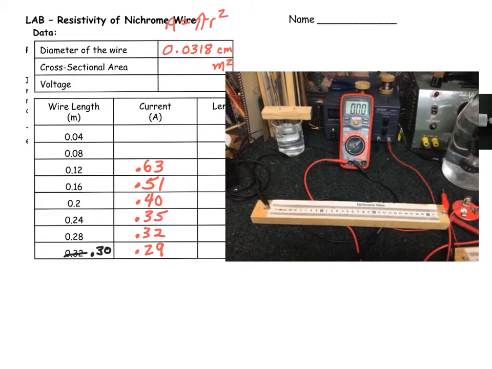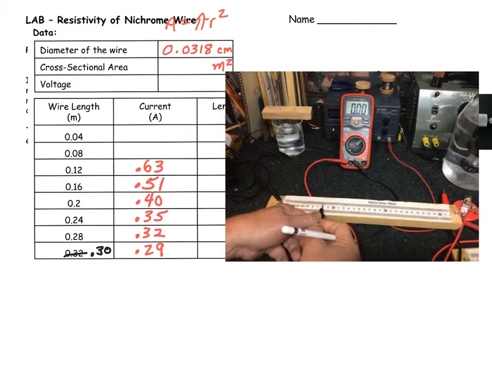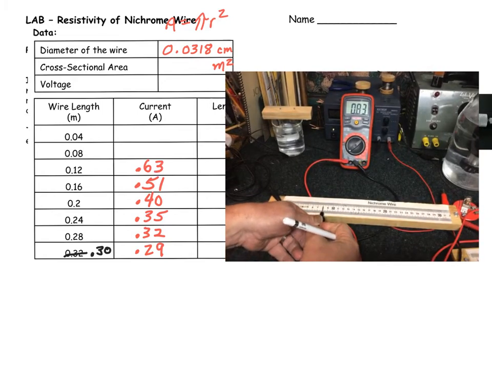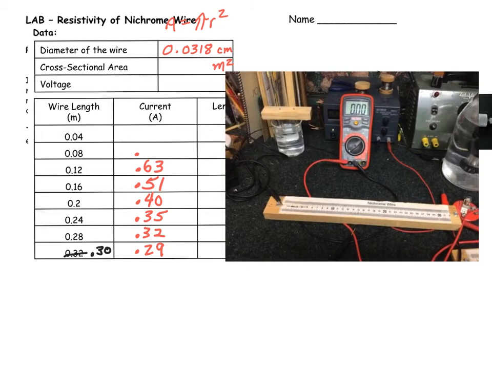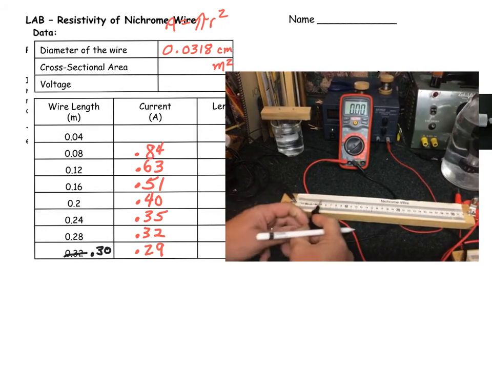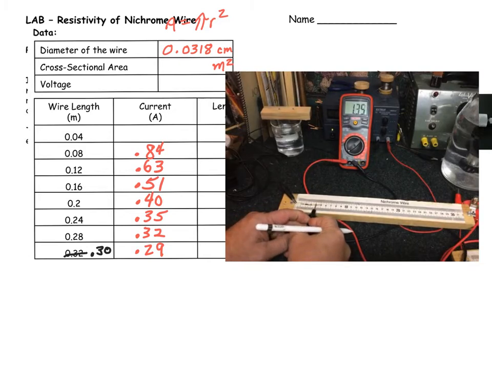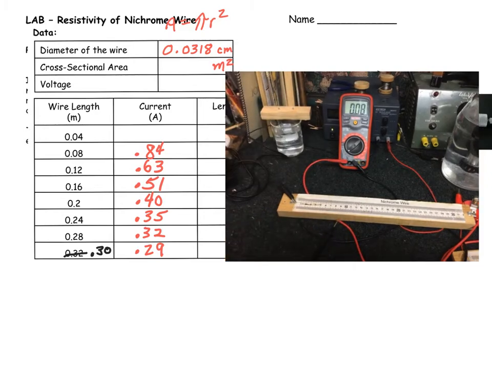It kind of jumps around a little bit sometimes. 8 centimeters, 0.84. 4 centimeters, 1.38. Let's go with 1.38.